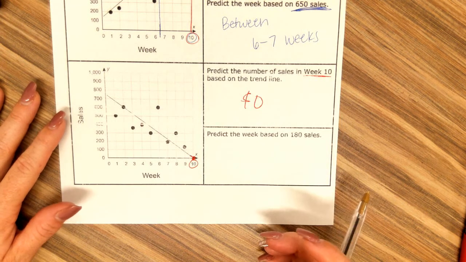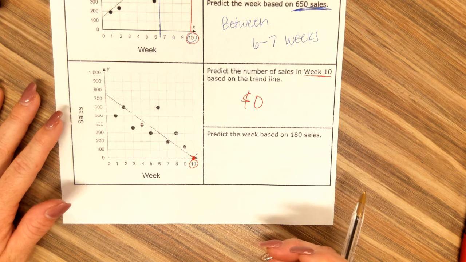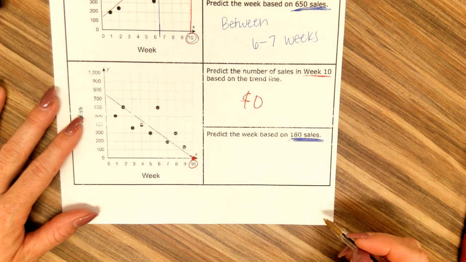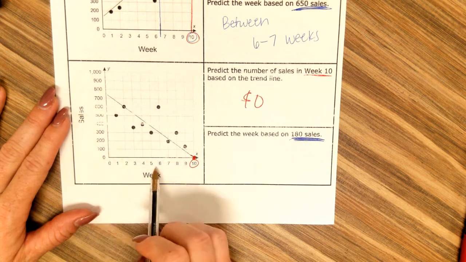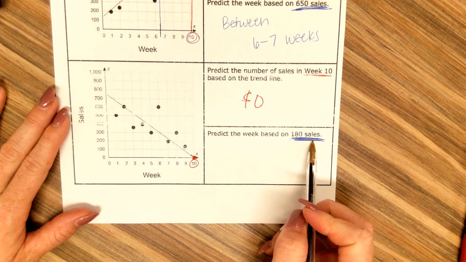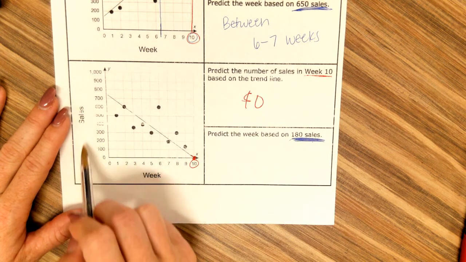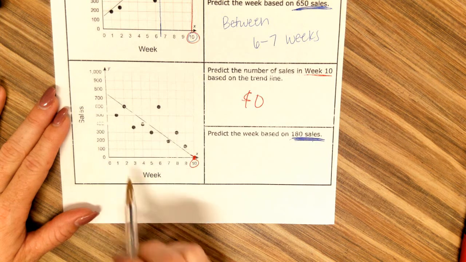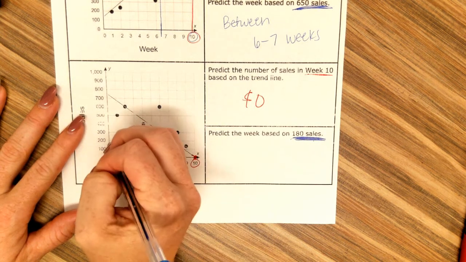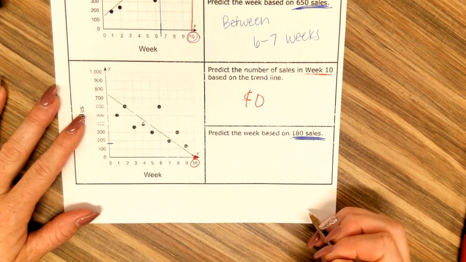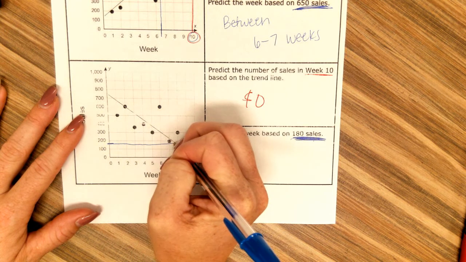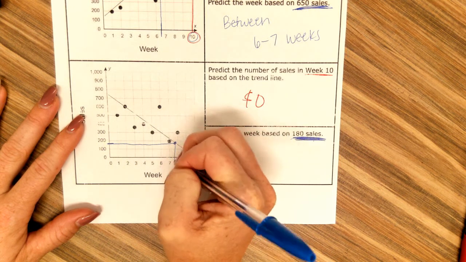I don't see that it's done. Where are you going for this number? Which axis? Weeks or sales? Guys, what does it say? So you're finding 180 over here, which is somewhere in there, yes? You are then drawing a line to your trend line, which is right here, and go down.